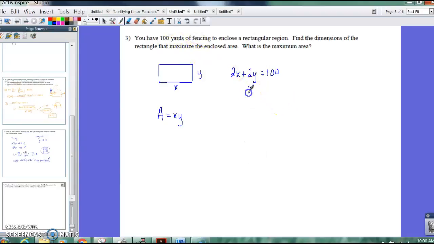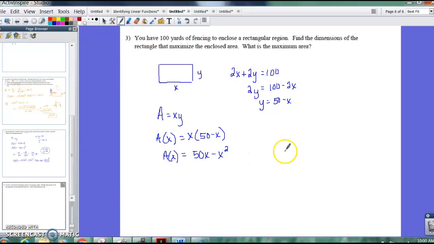And so again, I can solve this equation for y so that I only have one variable in my function. So I have A of x equal to x times 50 minus x, which gives me 50x minus x squared. So that's my function. Now I can go ahead and find the dimensions to maximize the area.